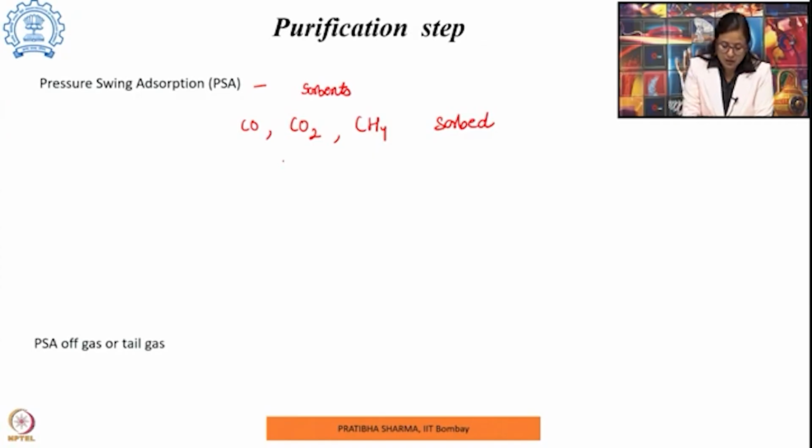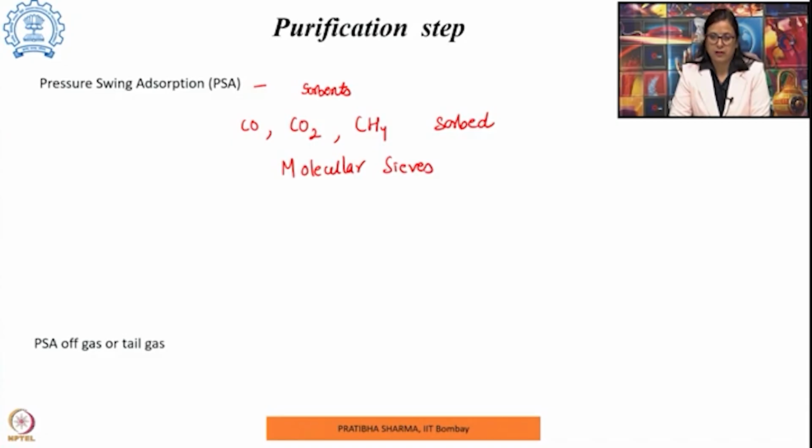Now primarily molecular sieves are being used for the separation of carbon dioxide, carbon based species and get pure hydrogen.